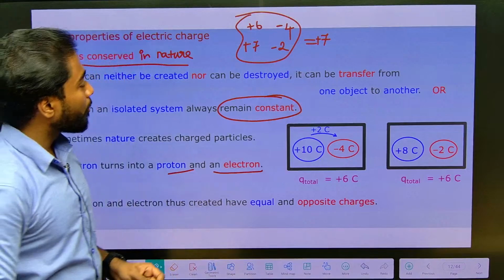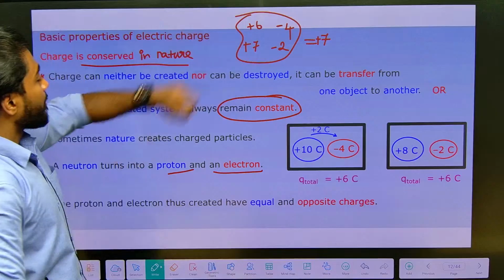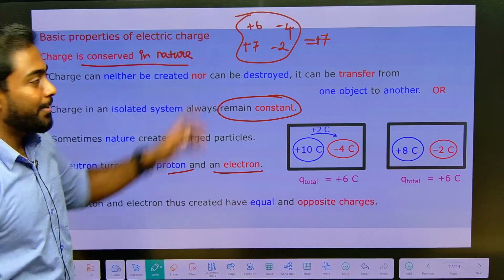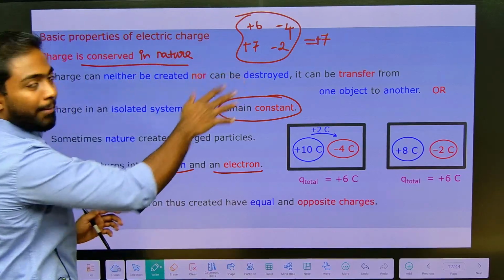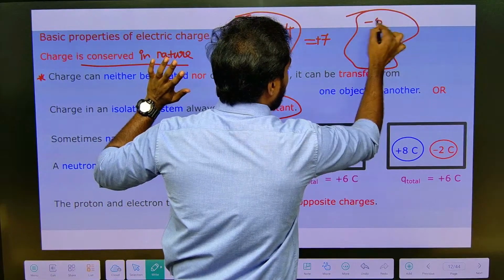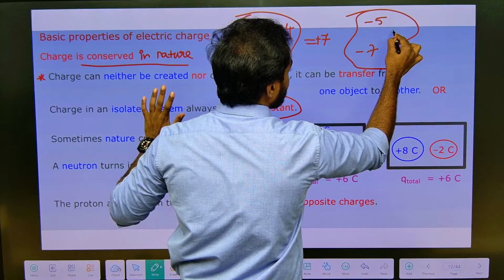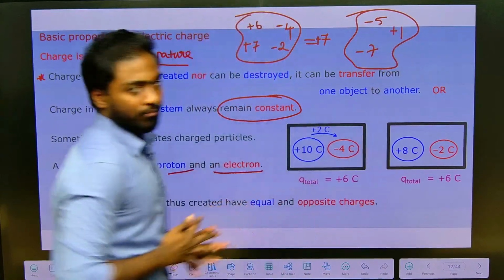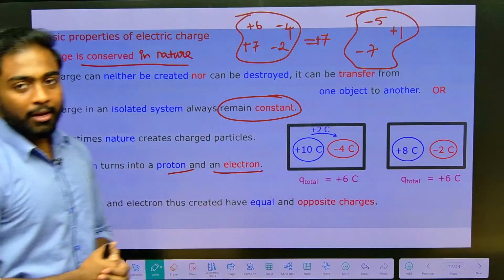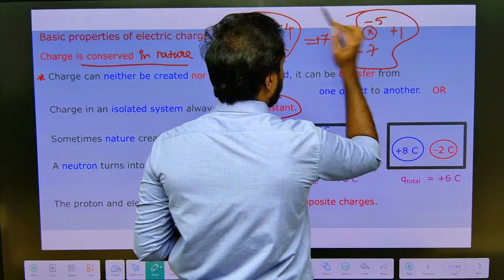And when I talk about the same thing, suppose I have shaken the system, displaced the charges, and the charges now are minus 5, minus 7 and plus 1. Okay, so one more charge will be there, let me take x for example.